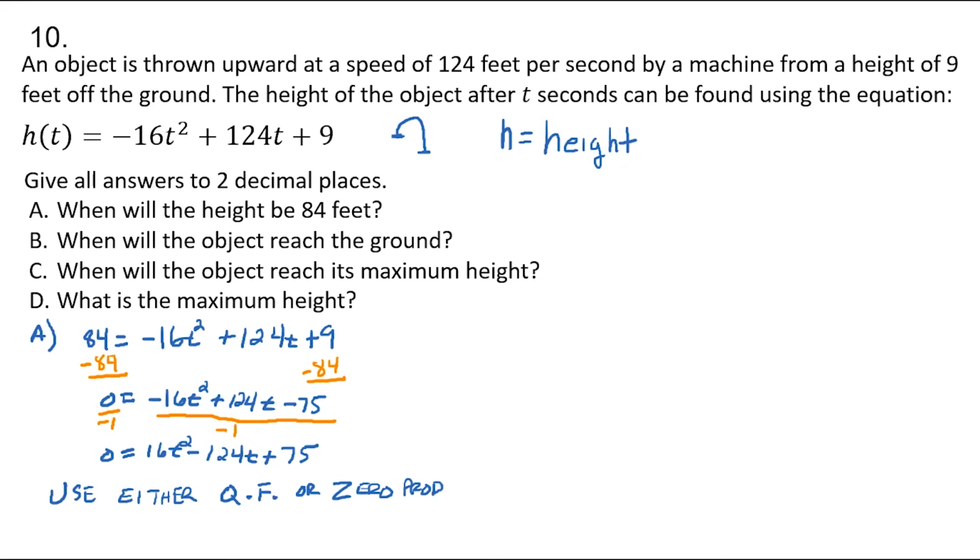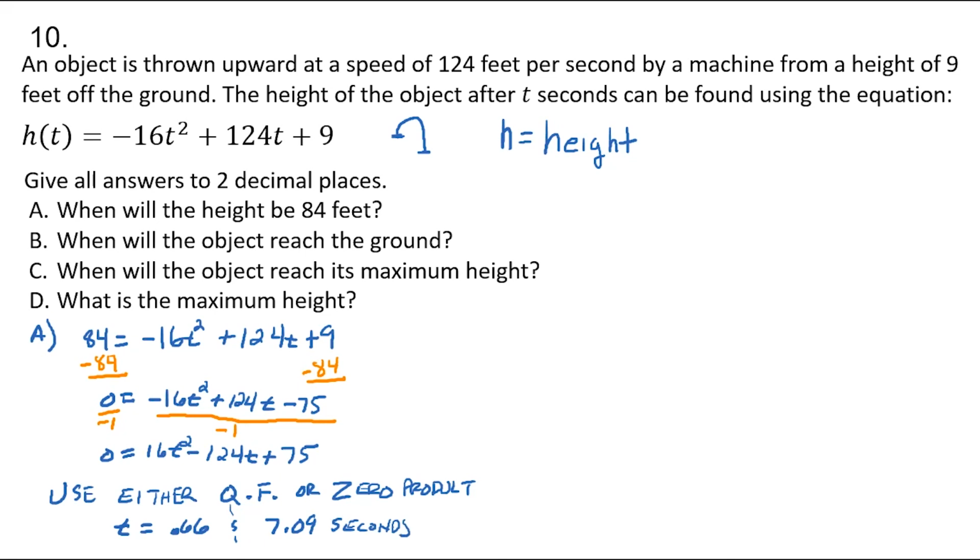Or if you plug these values into the quadratic formula, what you'll get is t is equal to, well, one of your answers is 0.66, and 7.09. This is t, so t is represented in seconds.